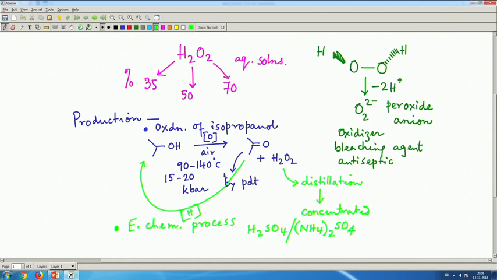So, electrolysis or the electrochemical oxidation of sulfuric acid or ammonium sulfate can give rise to the production of hydrogen peroxide. How we get this?